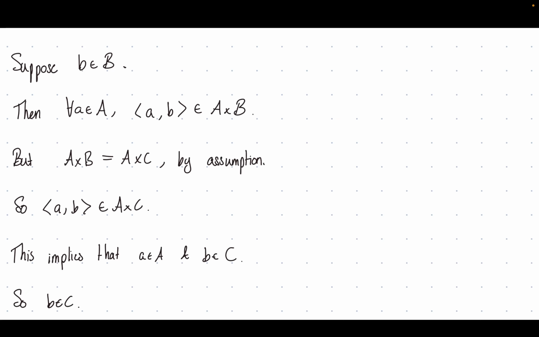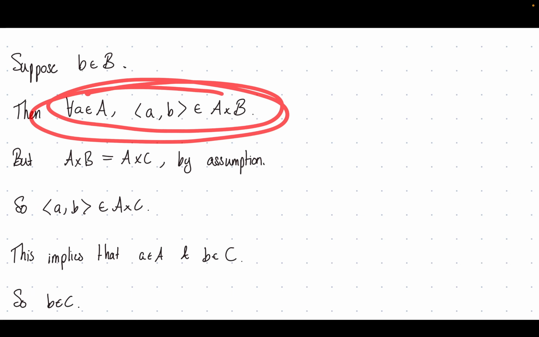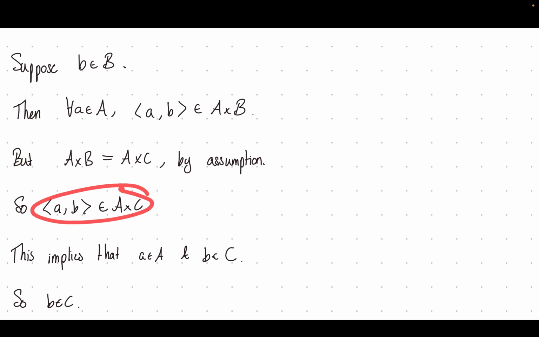So if we were to assume that A is the empty set, then we couldn't make this assumption, or first of all, we wouldn't be able to say that this is true, so we wouldn't be able to make these inferences, specifically this inference right here. This is where you can bridge between B and C by their cross products being equal.